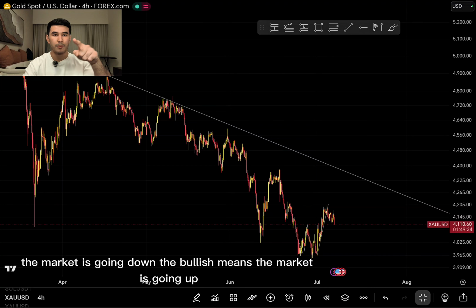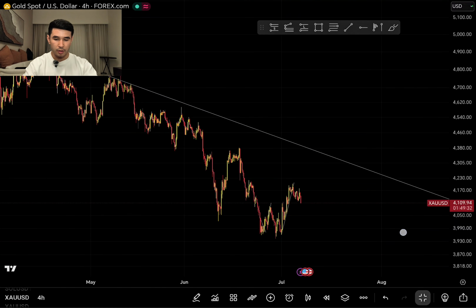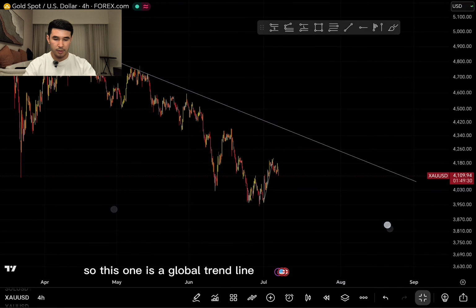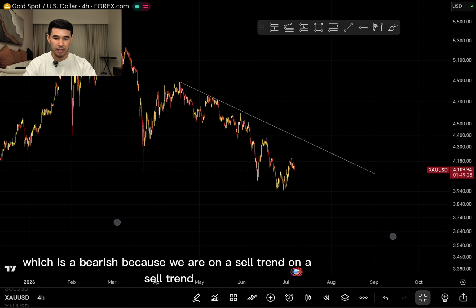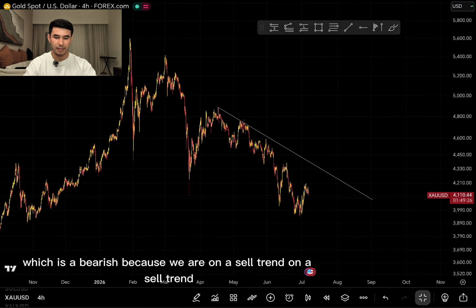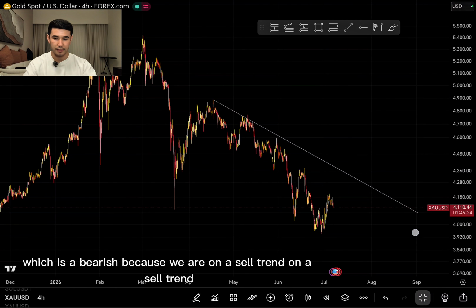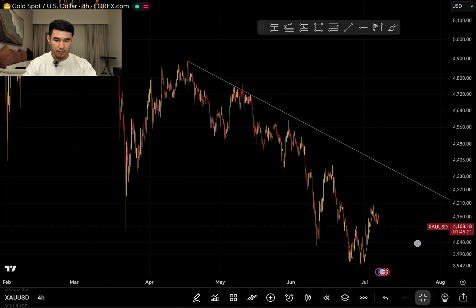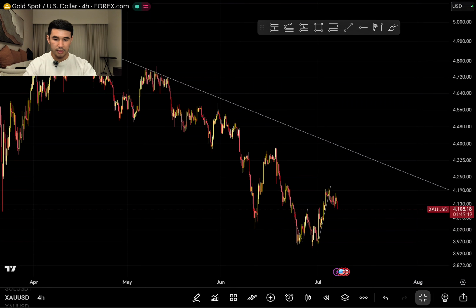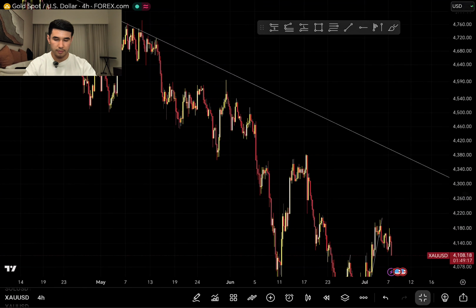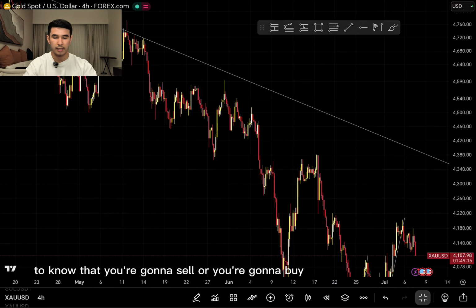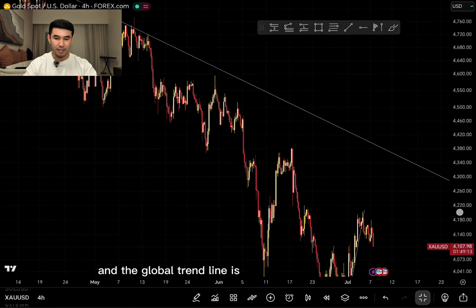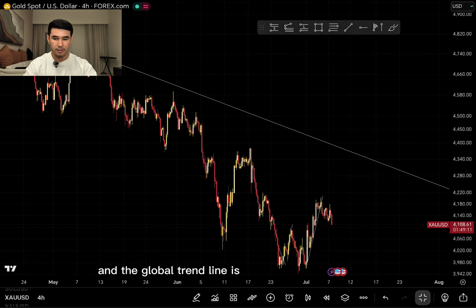Bullish means the market is going up. So this one is a global trend line, which is bearish because we are on a sell trend. In this one you just put it for yourself to know whether you're going to sell or buy.